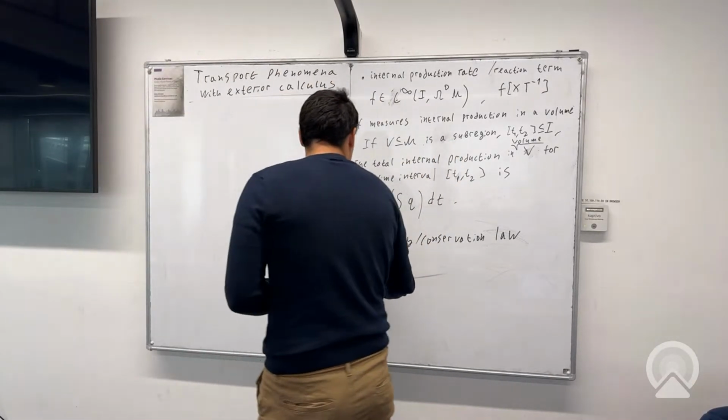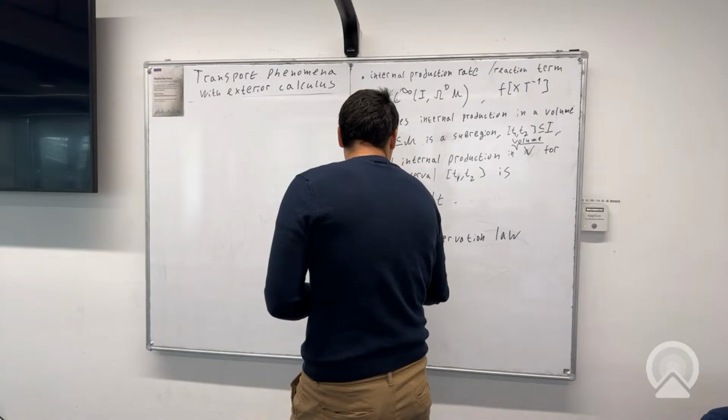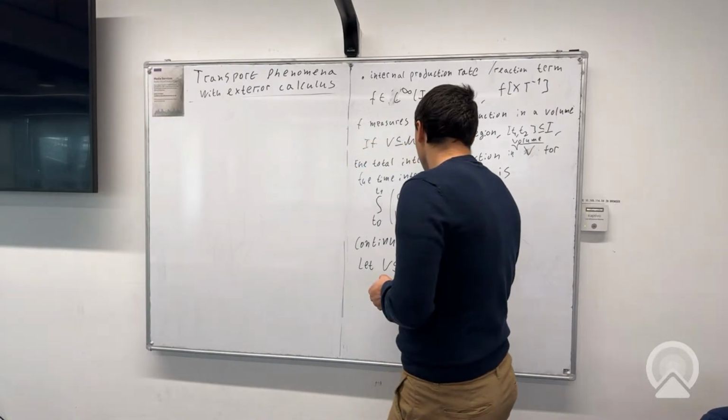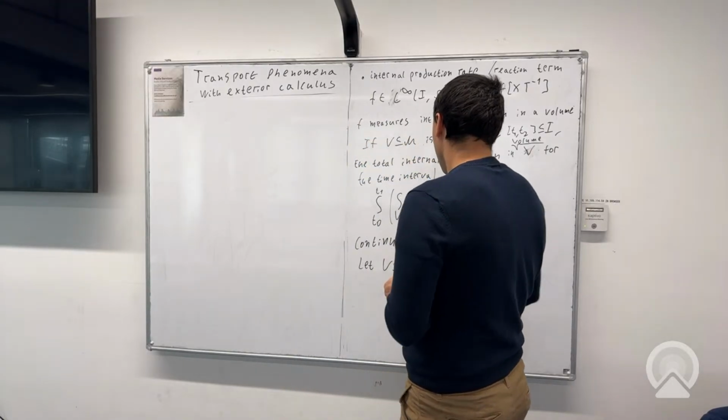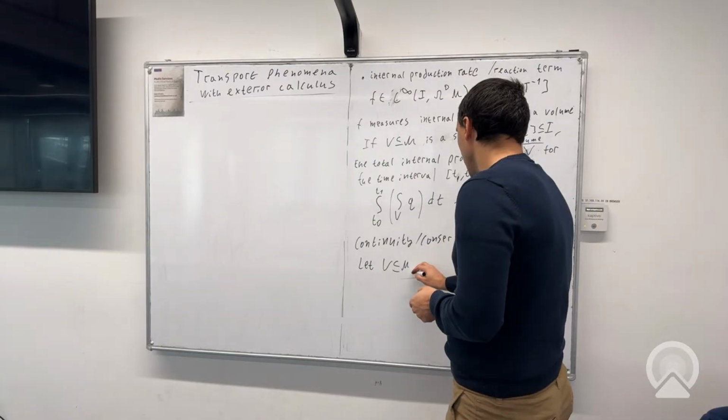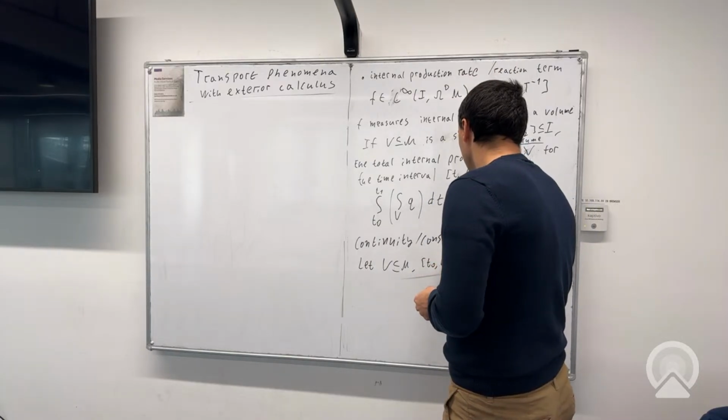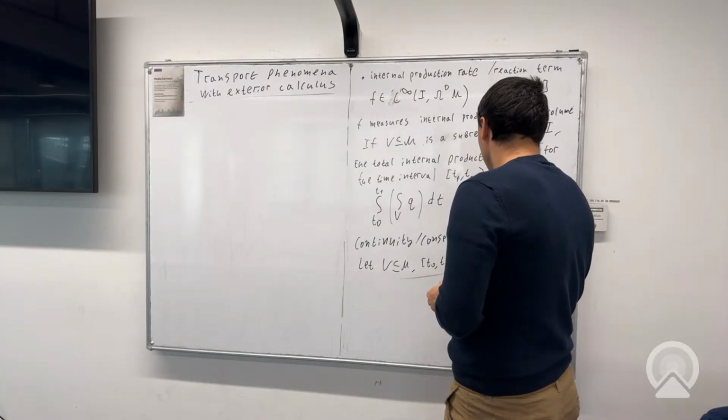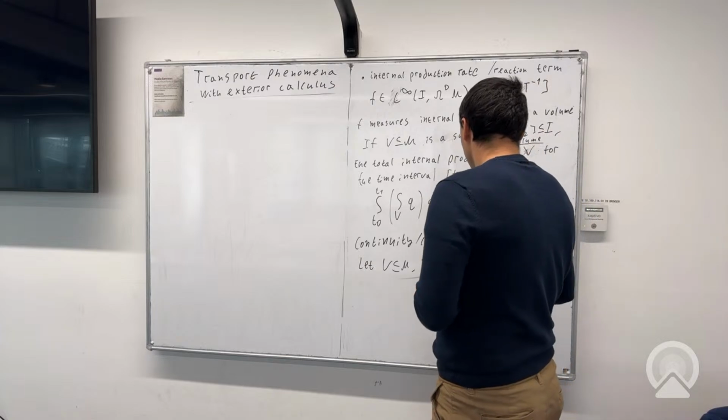So let V in M, and T0, T1 is a subset of I, of the interval.